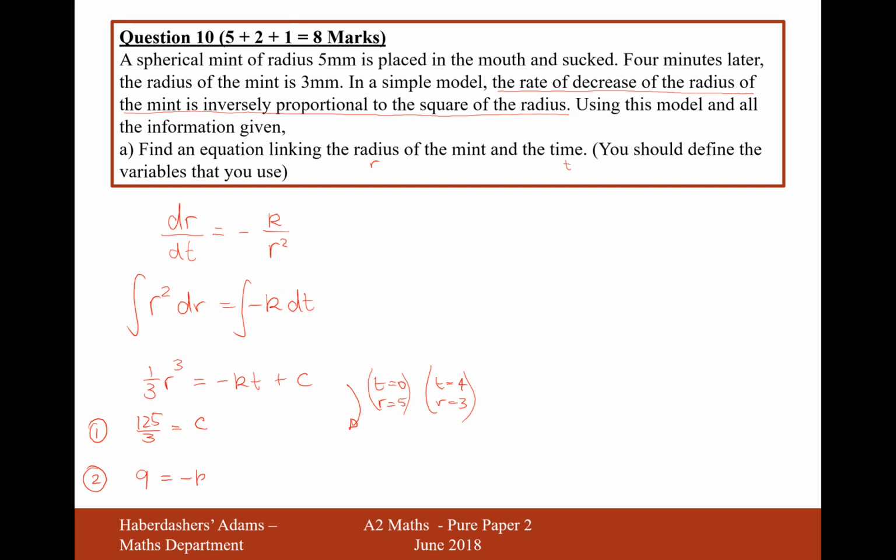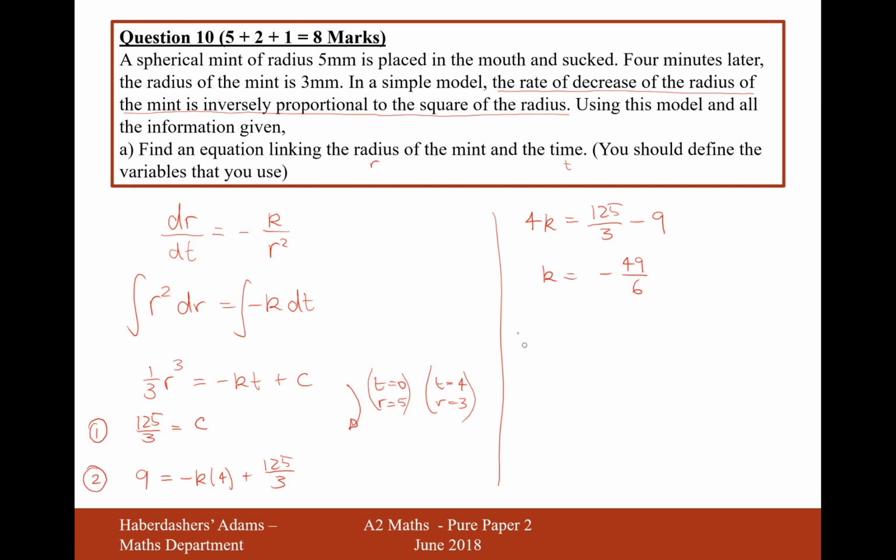equals minus k times 4, plus c. We know c is 125 over 3, so that's going to give us 4k equals 125 over 3, take away the 9, so we've just rearranged this into this, and then divide by 4, so this is going to give us k equals 49 over 6.